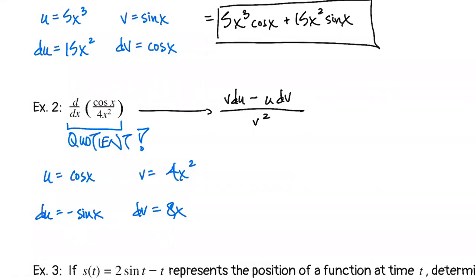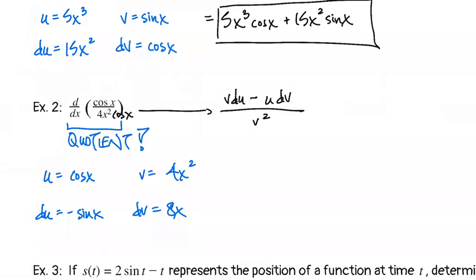I have a quick question, Professor. Absolutely, what's up? On the denominator, so the original question, if it was like 4x squared cosine x, would the v then be the 4x squared cosine x, or just still the 4x squared? Are you saying if we had a cosine x hanging out down here? Yeah, in the denominator inside the parentheses, just right next to the 4x squared, would that whole denominator be the v, or just the 4x squared?